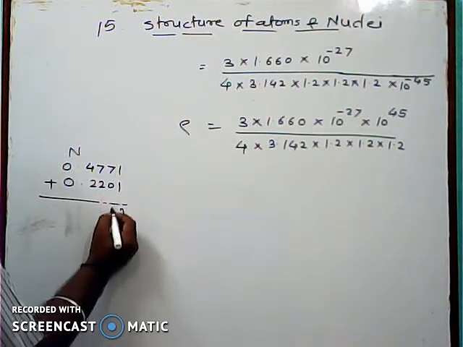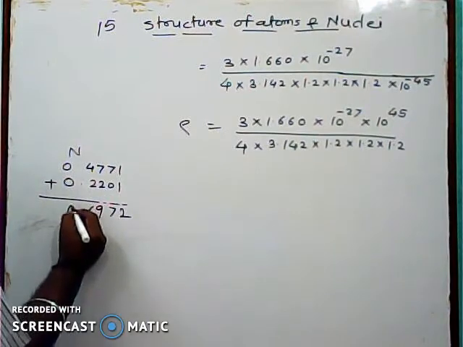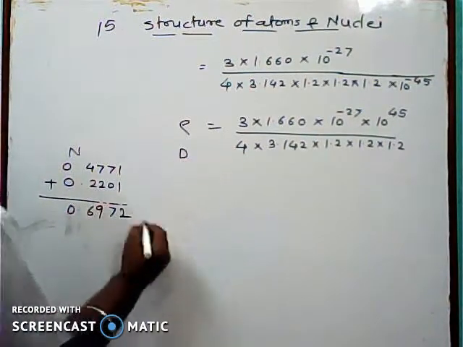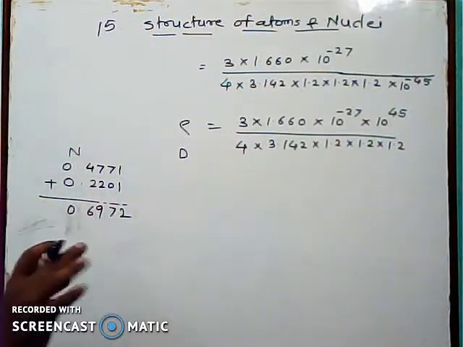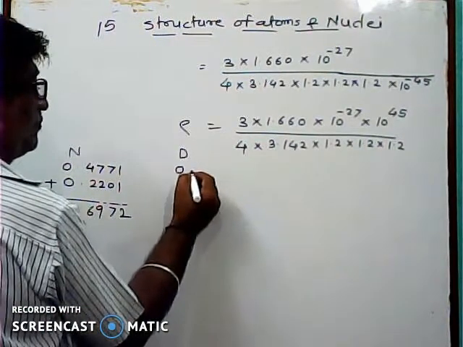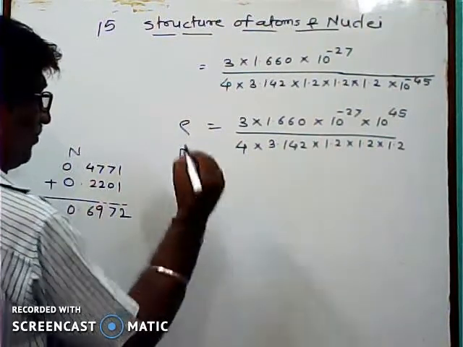So the addition will be 0.6972. But in the denominator there are five values, so their characteristics will be 0 point each.